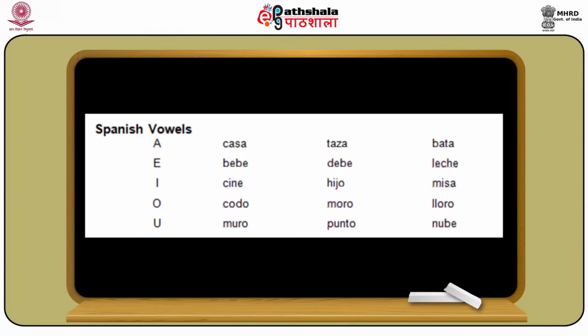So it is pronounced as A, E, I, O, and U. So A as in casa, taza, bata, E as in bebé, debe, leche, I as in cine, hijo, misa, O as in codo, moro, or lloro, and U as in muro, punto, and nube.